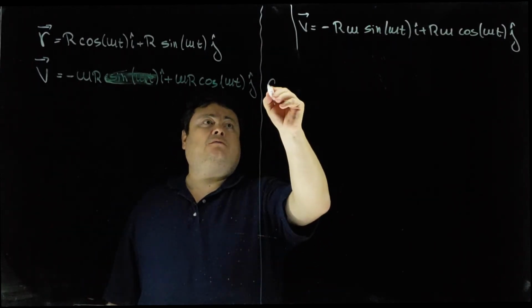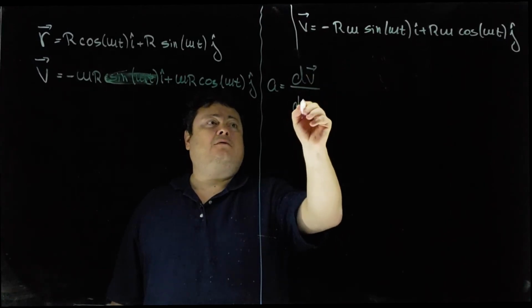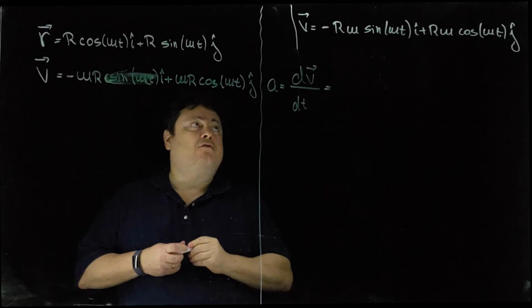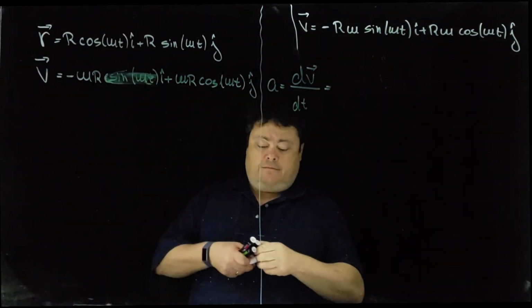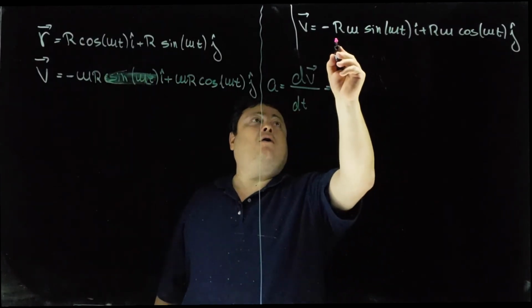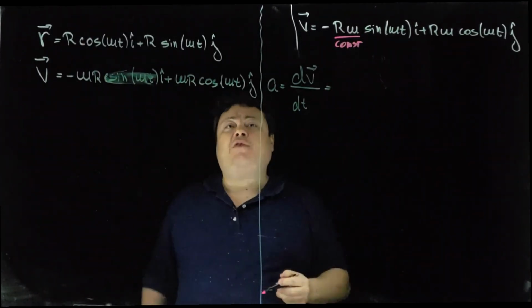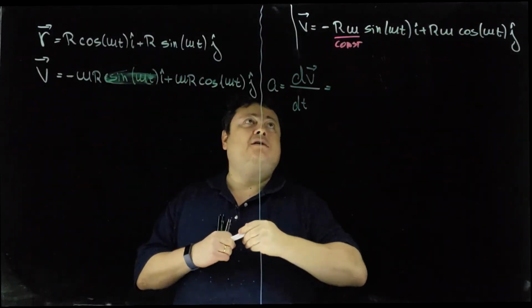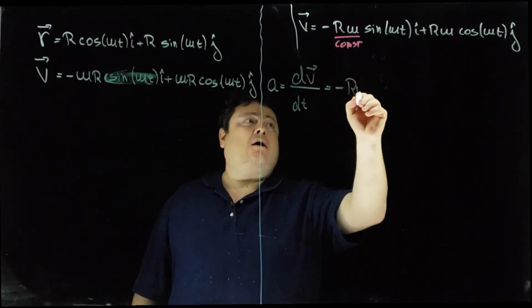the acceleration is, of course, the time derivative of velocity, dv/dt. So I need to take the derivative of these terms here. But again, r omega are constants, and they are not affected by the derivative. So what I'm going to have is basically negative r omega.